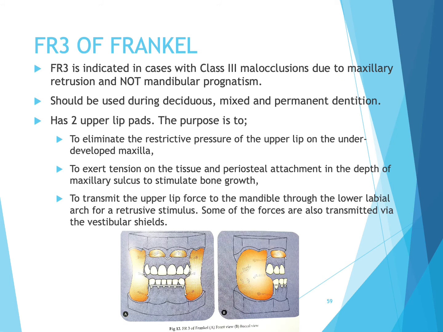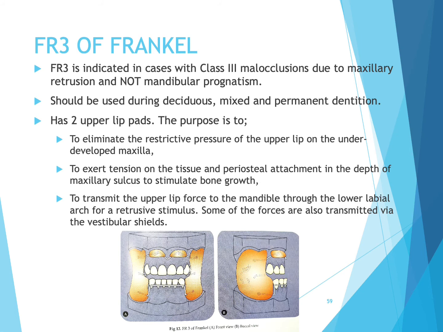Now we will move into FR3 of Frankel. FR3 is indicated in cases with class 3 malocclusion due to maxillary retrusion and not mandibular prognathism. It should be used during deciduous, mixed, and permanent dentition. FR3 has two upper lip pads.